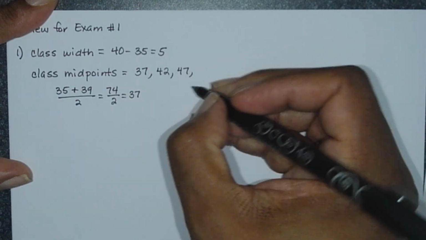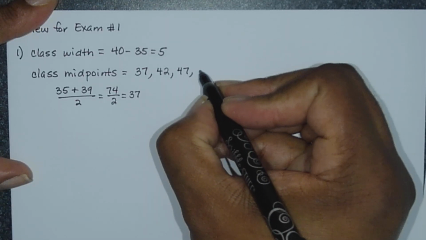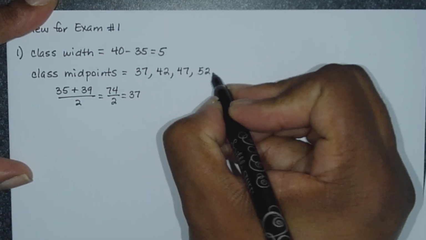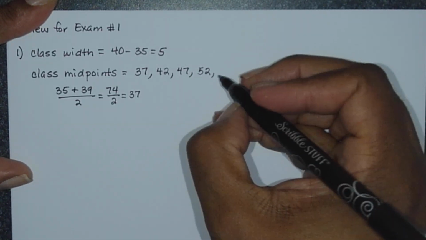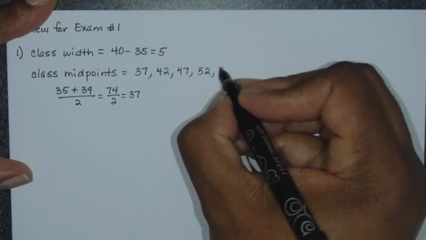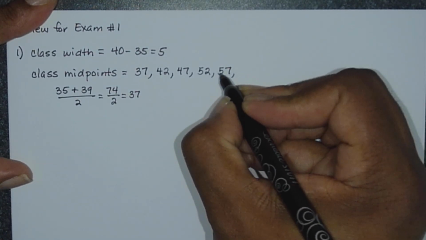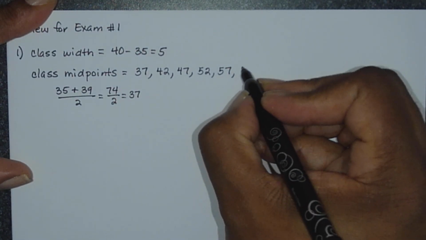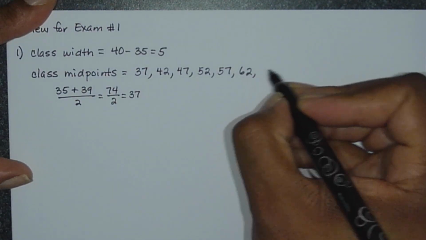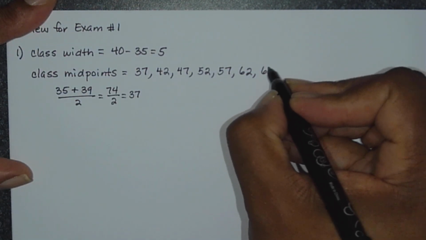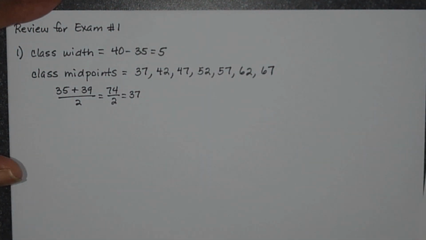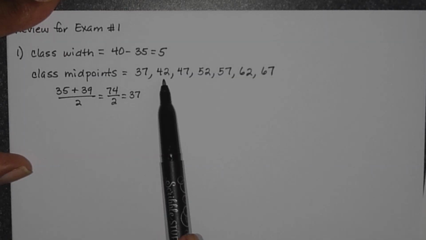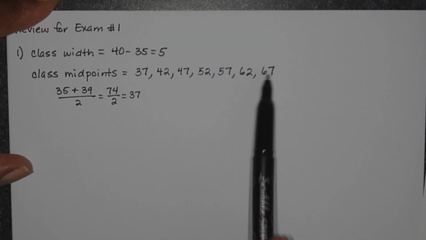Add 5 to the 47, I'll get 52. And then add 5 to the 52, I'll get 57. Then 62, and then 62 plus that 5 would be 67. Okay, and there should be 7 classes, so that means we should have 7 class midpoints here.